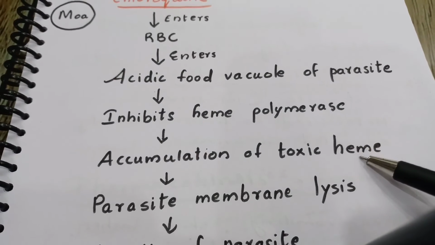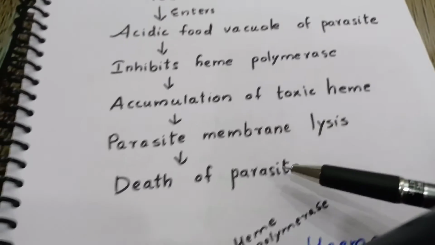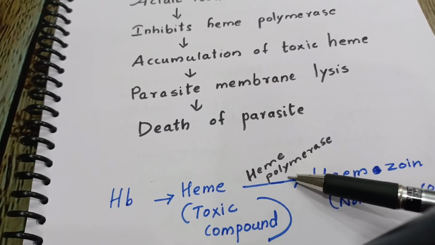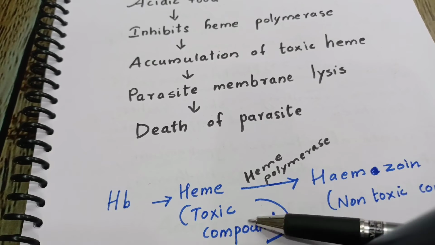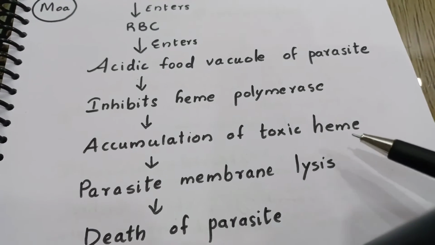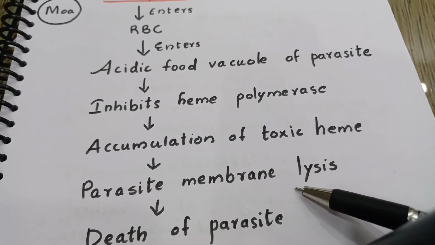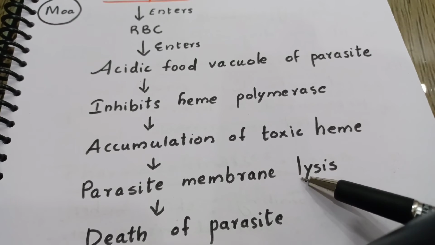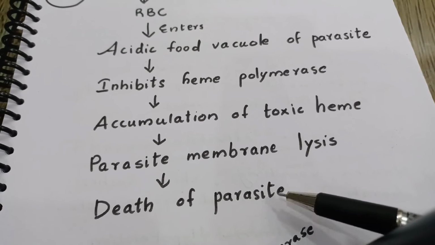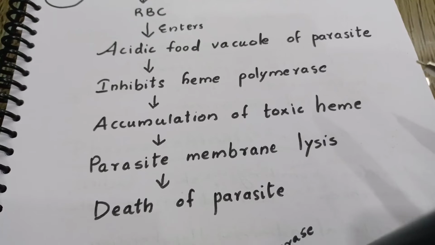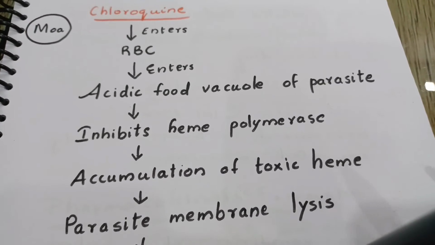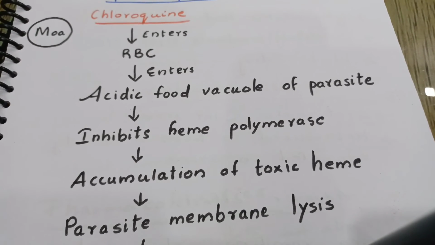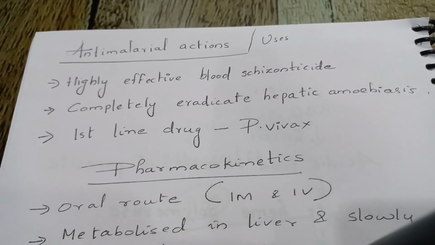As you know, heme polymerase is involved in the conversion of heme, which is a toxic compound, to hemozoin, which is a non-toxic compound. So there is accumulation of toxic heme. The parasite membrane lysis occurs. As a result, there is death of the parasite. Okay, so that is basically the mechanism of action of chloroquine.